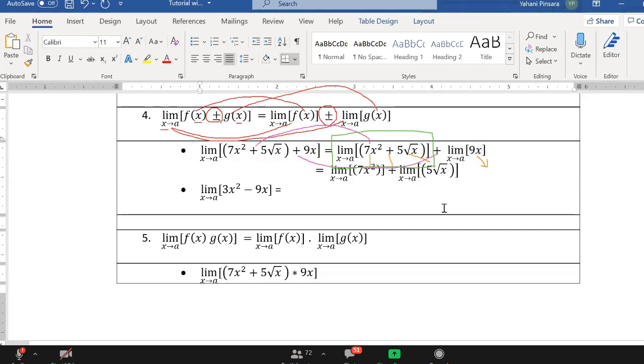So here what happens is this comes to here, this comes to here, this comes to here.